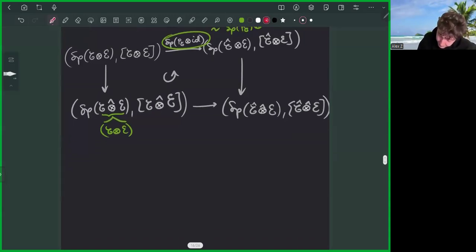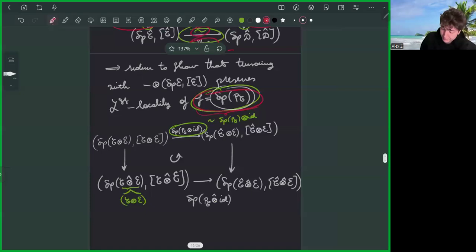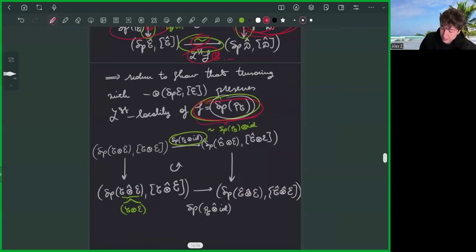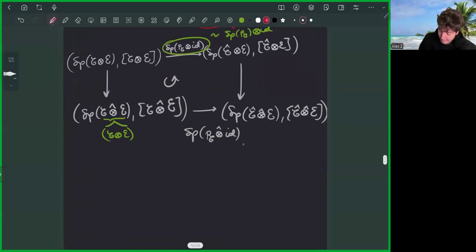So we have that the bottom map here is this. Yes, is there a question? Yeah, sorry to interrupt. Could you maybe go up a bit? Sure. So what is this, SPPC tensor... Sorry, what do you mean? Like here, on the right hand corner of the square, should it be the class of C completion tensor E?